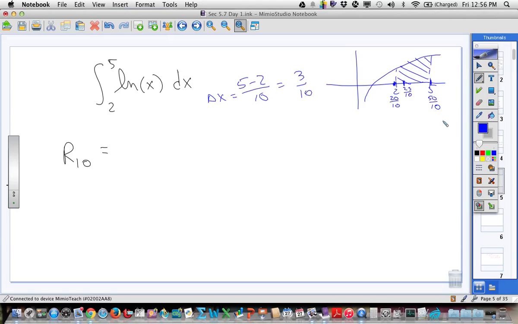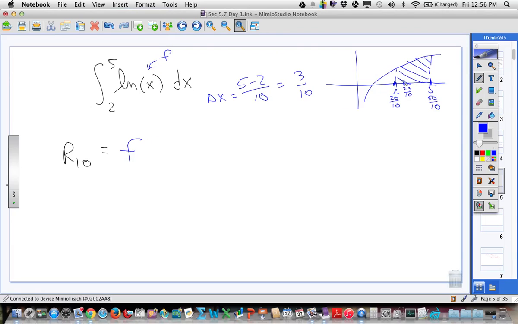You could even do decimals if you want, 2.3. I think decimals are harder than fractions when it comes to these patterns, so I usually do this. But I'll show you a little bit of the mixed number and see what you think. So I have 23/10, 26/10, and so forth, right? So you can see I don't really care about this picture, but the x-axis is helpful for me to see my different points. All right, what would I write? And let's use f notation here.